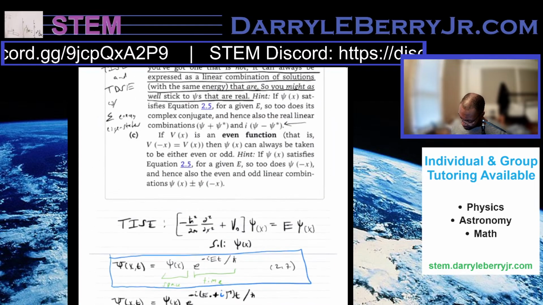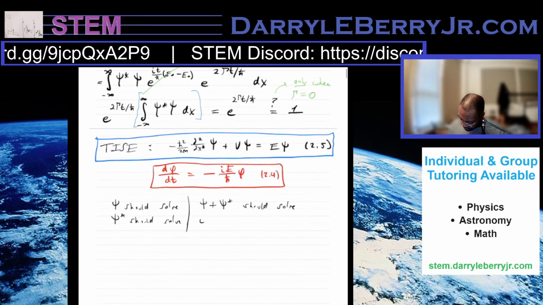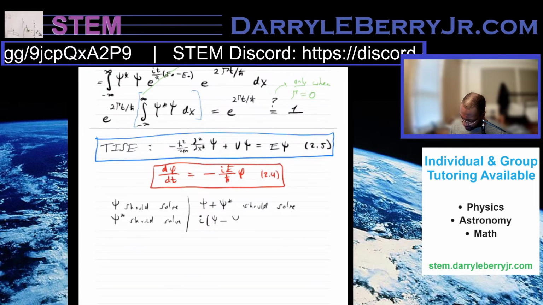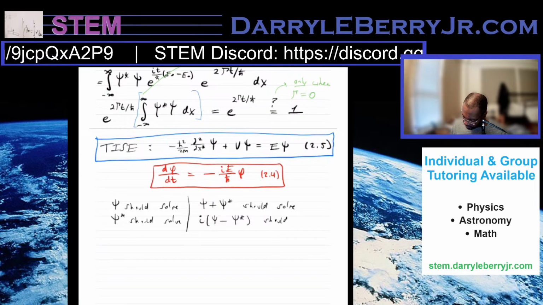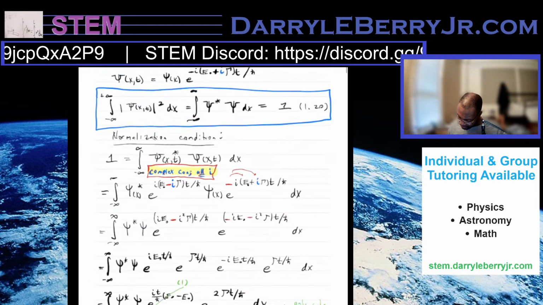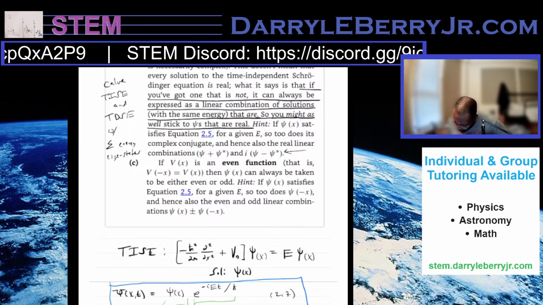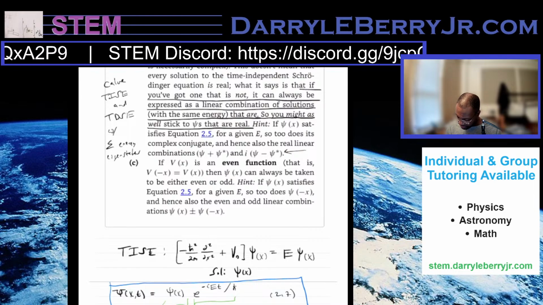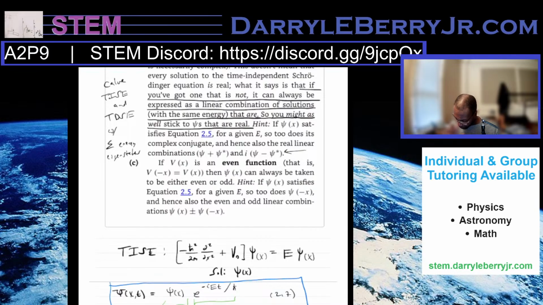And they're saying i times psi minus complex conjugate should solve it. So it does its complex conjugate and hence also the real linear combinations, those two. So they call these real linear combinations.